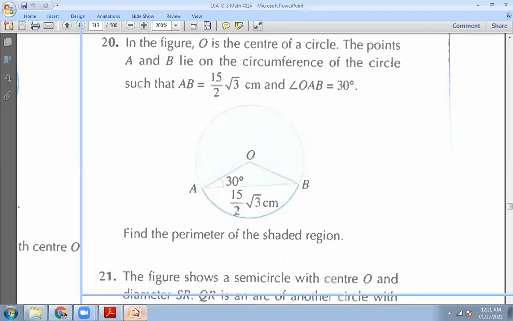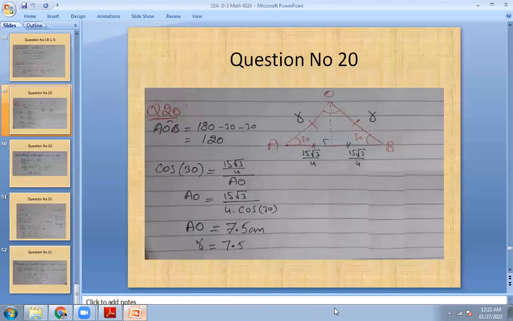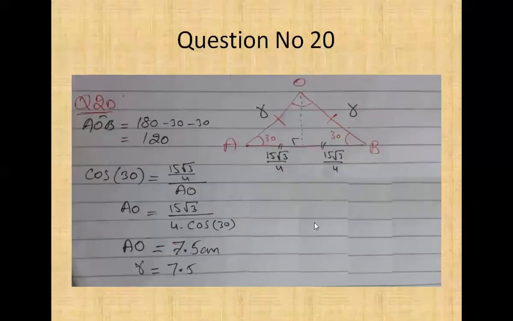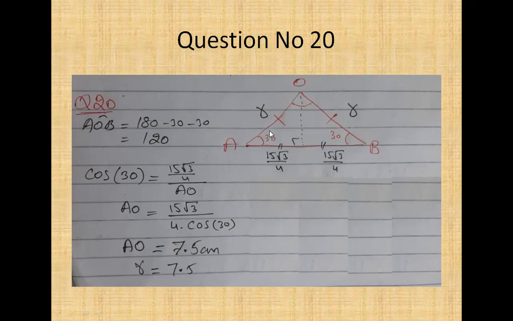Let's go to my solution. Okay, so here we go. Here this is radius, here we have O, and this has been divided into equal parts. This is an isosceles triangle, so this is 30, this is 30, so this angle will be 120. So I can find out the radius very simply.